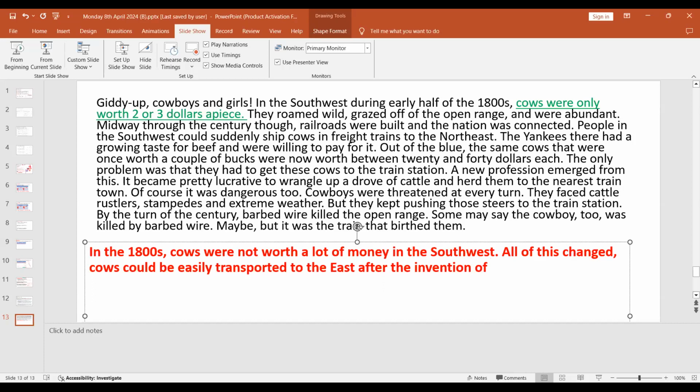The invention of what? The railroads. Very good. So the nation was connected, right? Railroads.